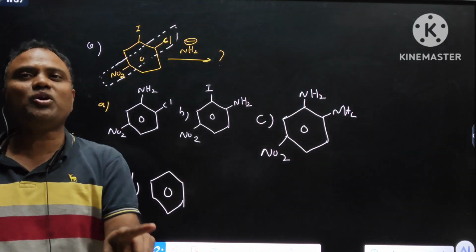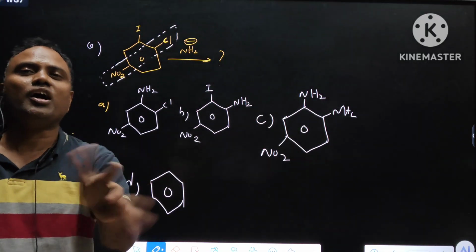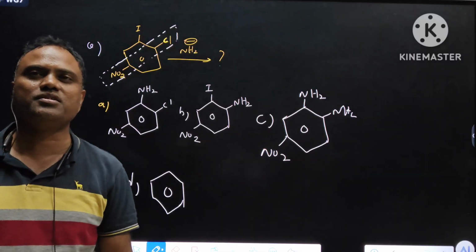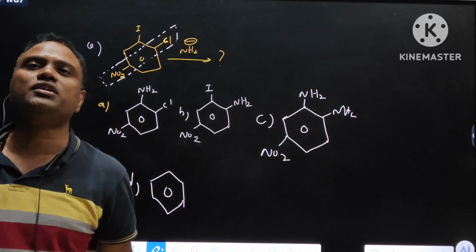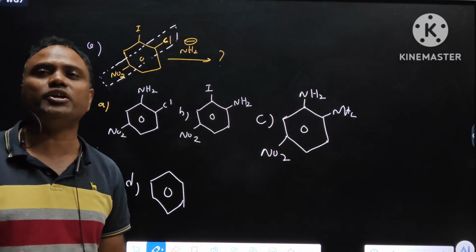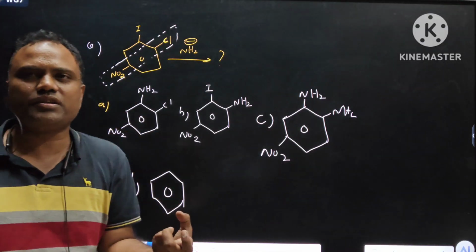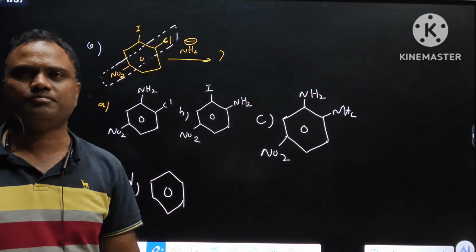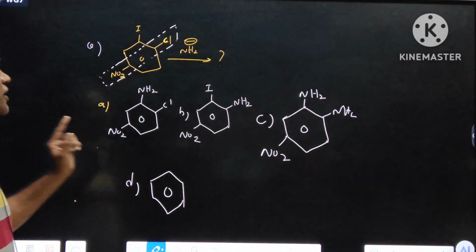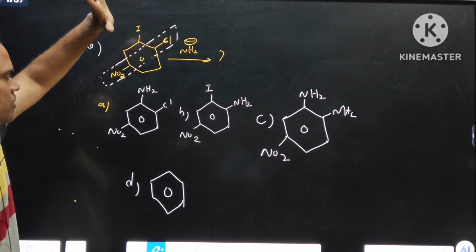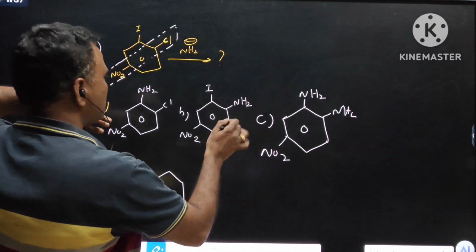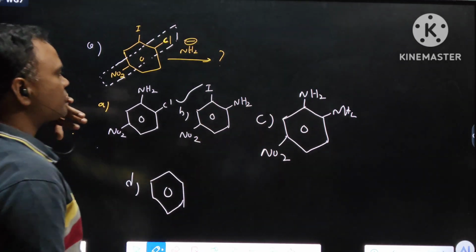Clear. So even though iodine is a better leaving group, iodine does not leave because NO2 is not para with respect to iodine. Clear? NO2 will affect this chlorine only. Got it? Very important example. So Cl leaves. Which option is that? Cl is leaving. Option D.